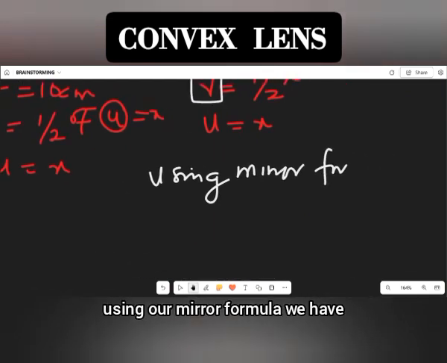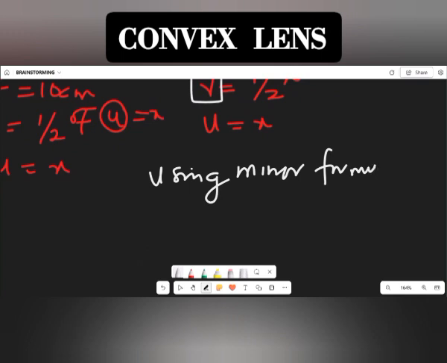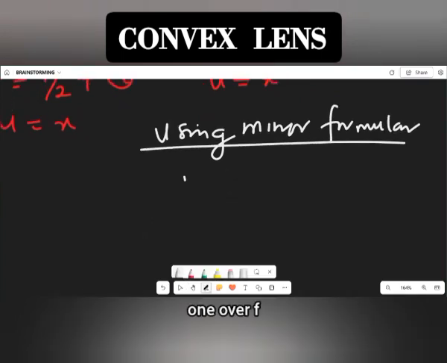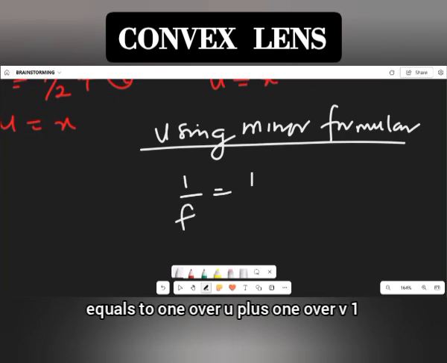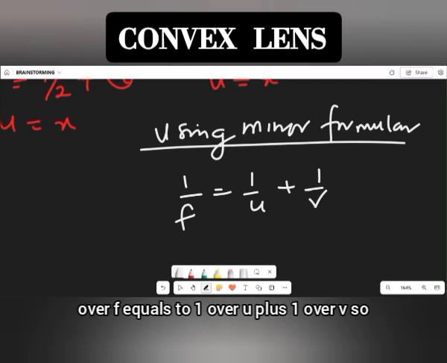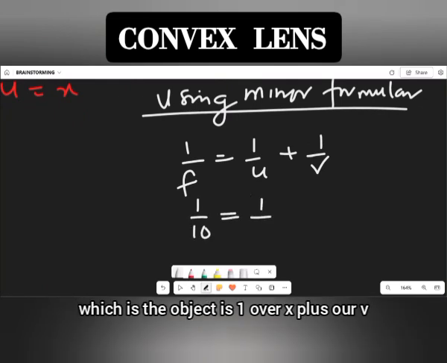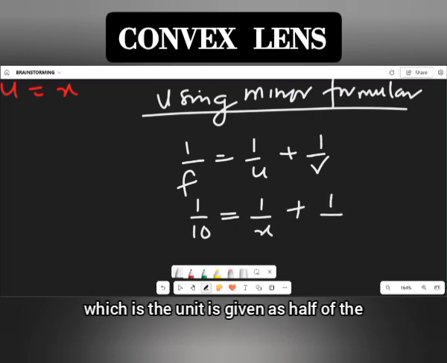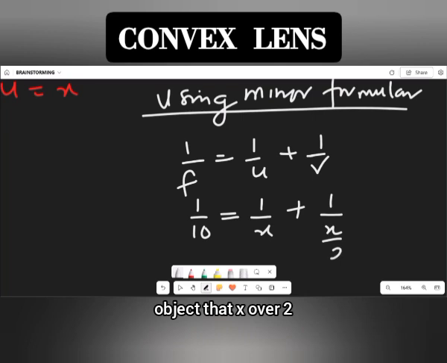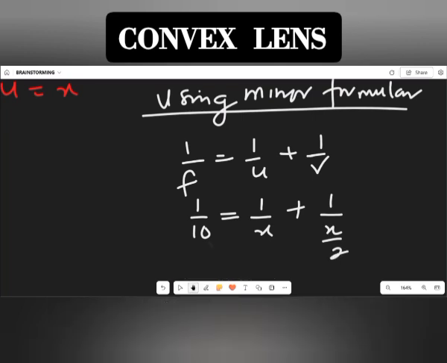Using our mirror formula, we have 1 over F equals 1 over U plus 1 over V. So our F is 1 over 10 equals our U, which is the object, 1 over X, plus our V, which is the image, given as half of the object, that's X over 2.